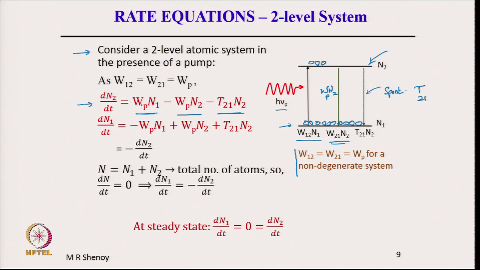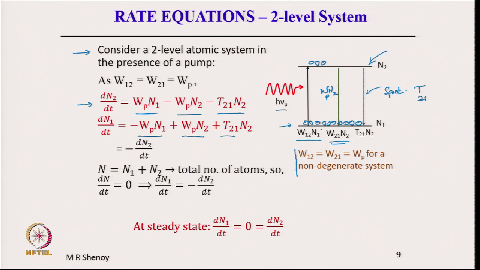N2 was increasing, but N1 is decreasing because of this transition, and N1 is increasing because of these two, because atoms are being added to the lower level. Therefore, dN1 by dt is equal to, it is quite obvious, but I am explaining it because we will write more complicated rate equations for 3 level and 4 level systems, and we can see that this is equal to minus dN2 by dt.